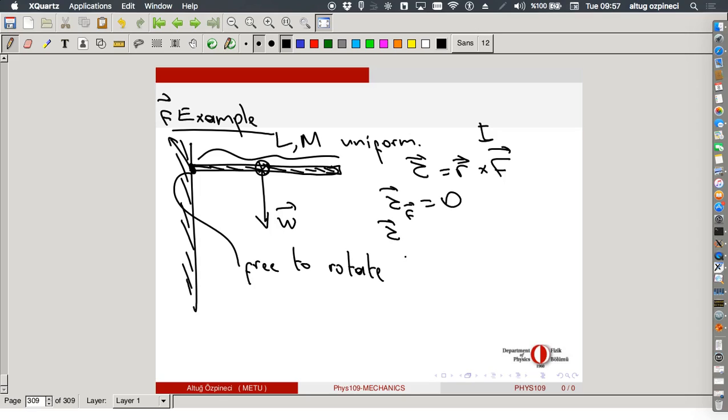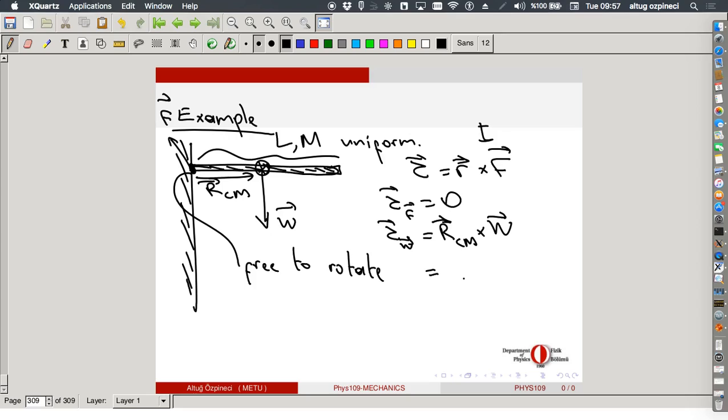And the torque due to the weight: L over 2, because this is our center of mass. Torque due to the weight is our center of mass position cross the weight.